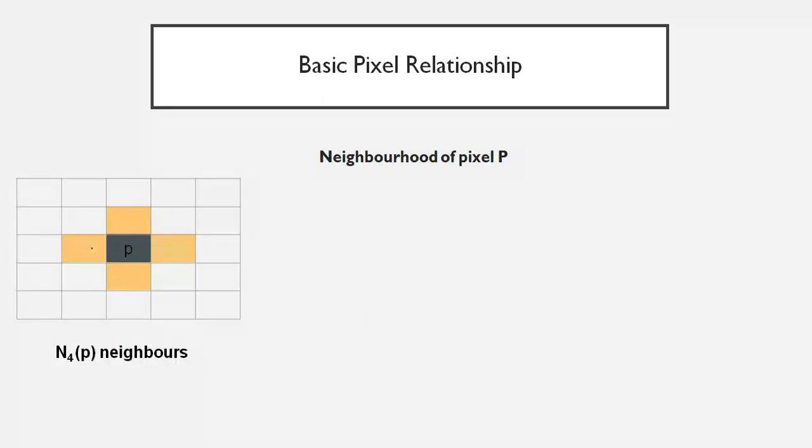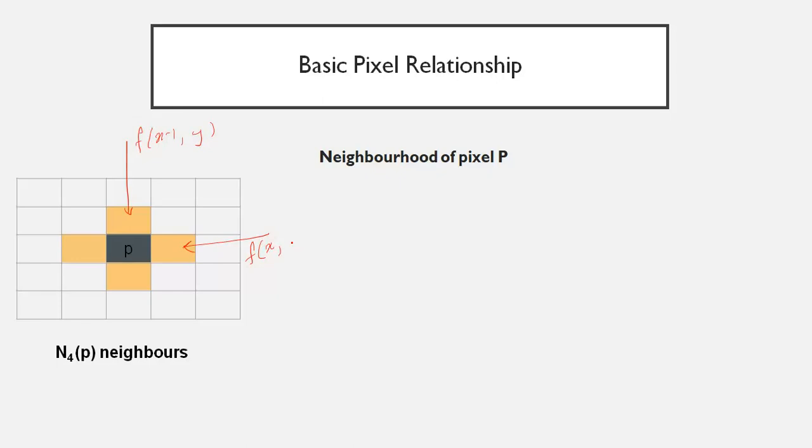So if the pixels are located at the positions shown, which is highlighted in peach color, these are called four neighbors of pixel P. And how will we refer to them? This pixel will be f of x minus 1 comma y. This pixel here would be f of, any guesses?